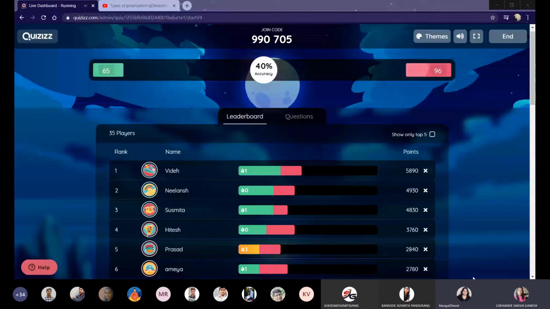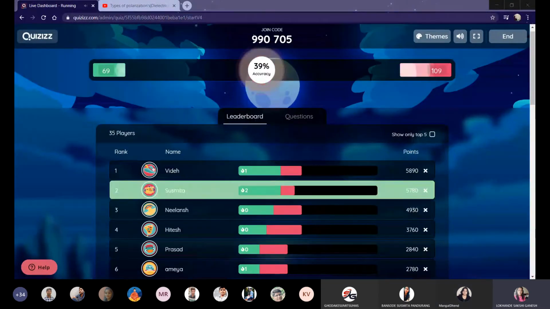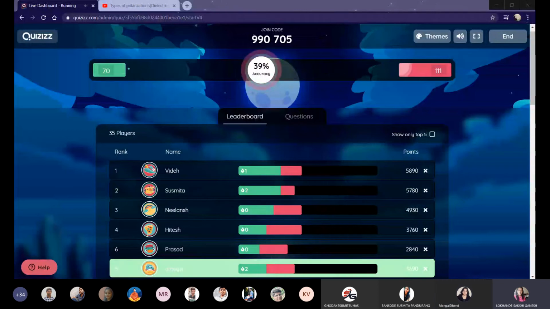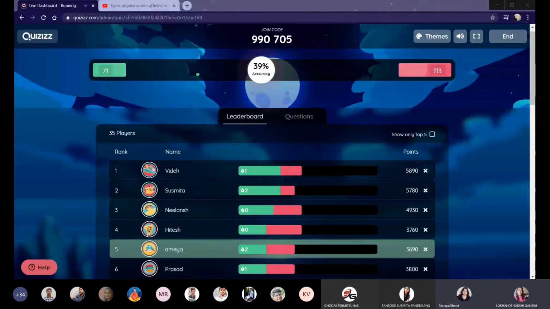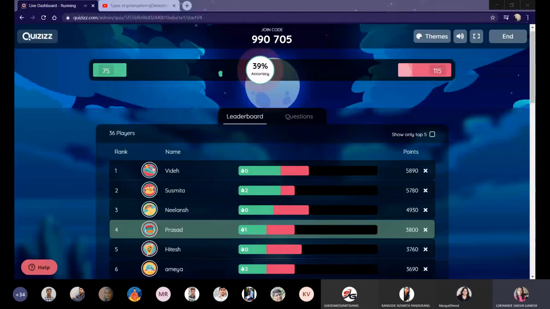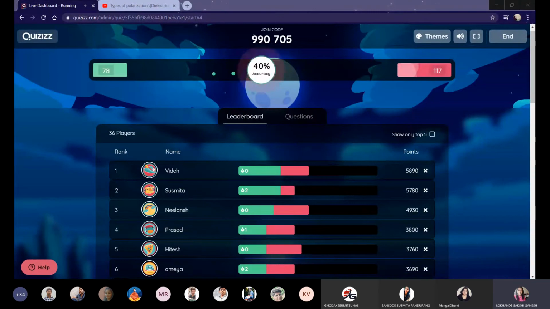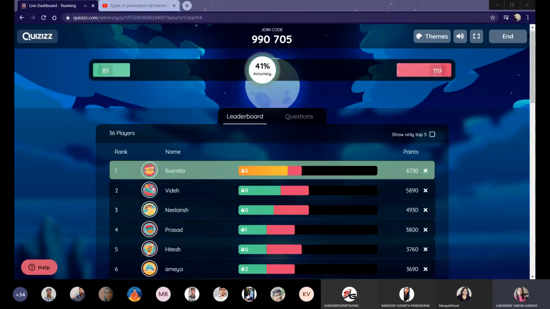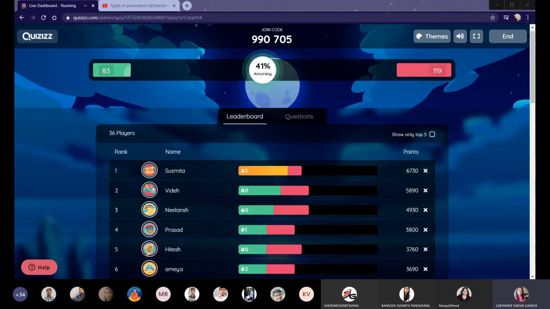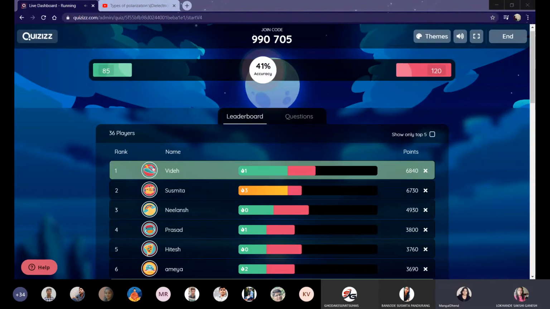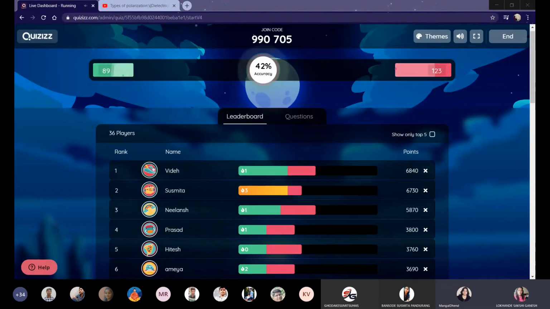Ma'am, the question has a time limit. They can solve at their own pace. Yes. Vidya, somebody cross Vidya. Can you scroll down, Sakshi? Just see, only 6 can be seen.